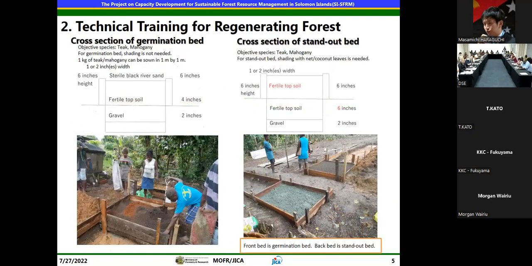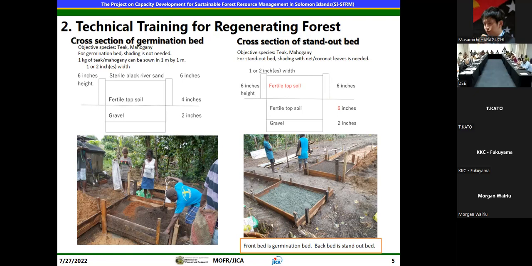Technical training for regeneration forest. Cross-section of germination bed, objective species is teak and mahogany. One kilogram of teak or mahogany seed can be sown in 1 square meter, 1 or 2 inches width.